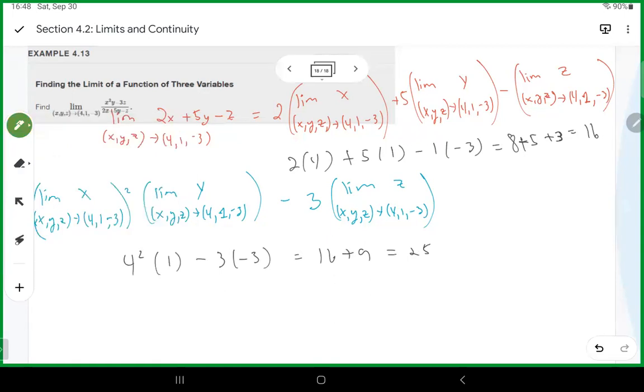So then if you bring everything together, applying the quotient rule, and I'm not going to rewrite it, you're basically going to get the limit for x, y, z going to 4, 1, negative 3 of this whole thing. Way too far over, sorry. x squared y minus 3z over 2x plus 5y minus z is going to just be 25 over 16.